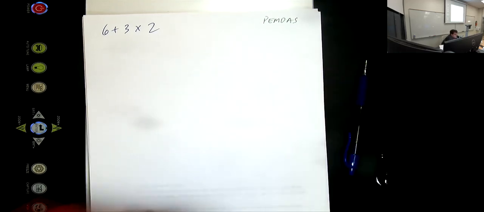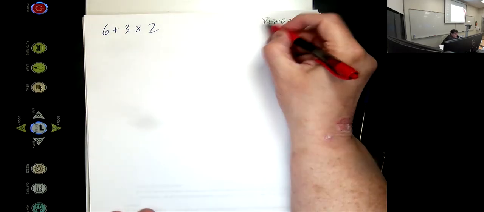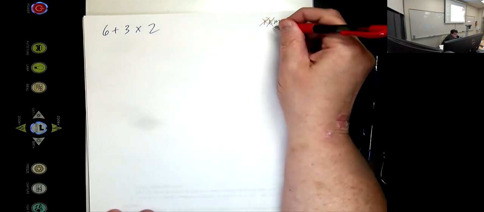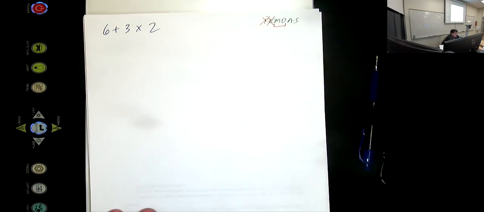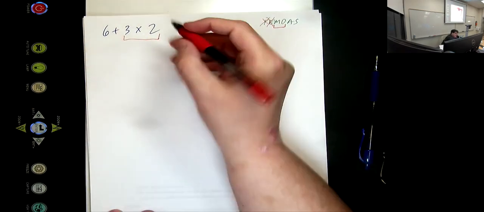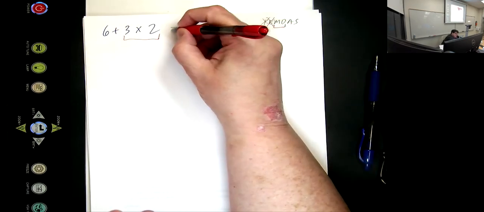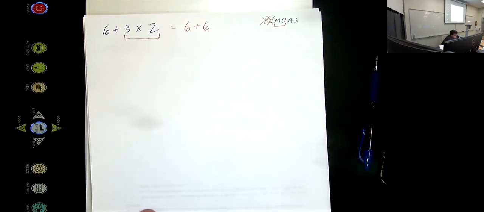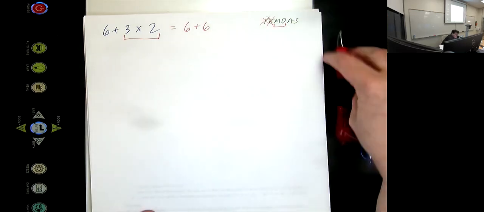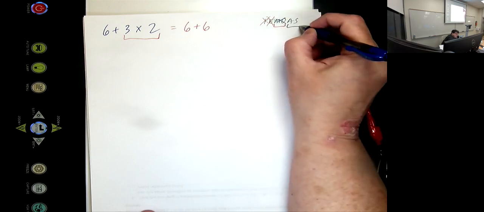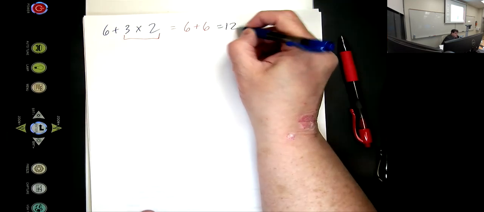I don't see any parentheses, so I will cross off the P. I don't see any exponents, so I cross off the E. I then check for multiplication and division. I have that, so I am going to do the 3 times 2 first. That becomes 6, so now I have 6 plus 6. Then I go on to addition and subtraction, and I add them up and I get 12.